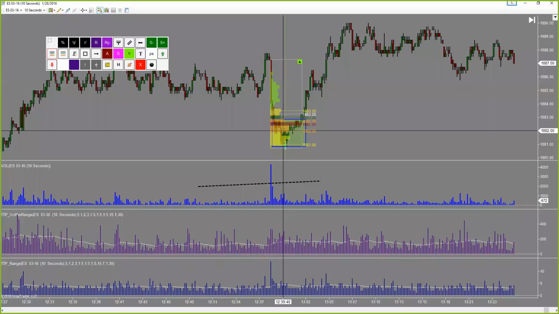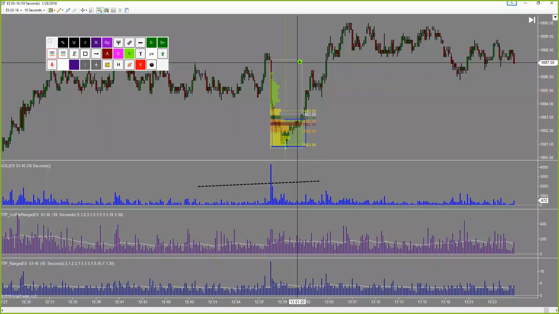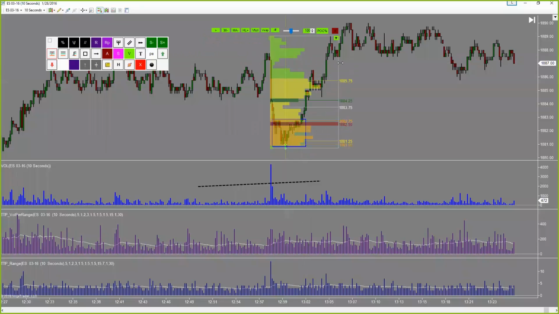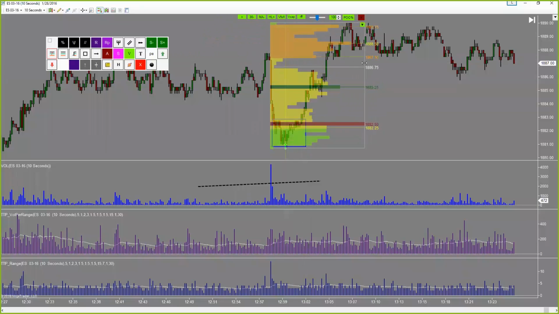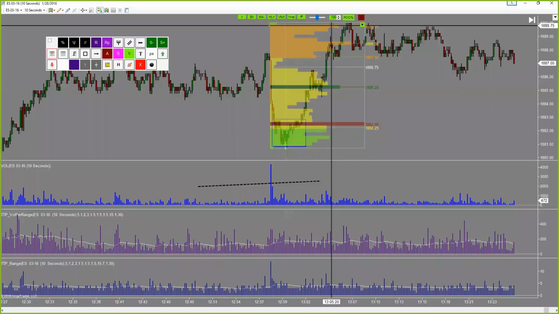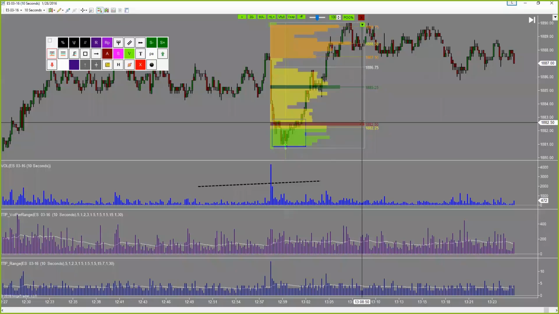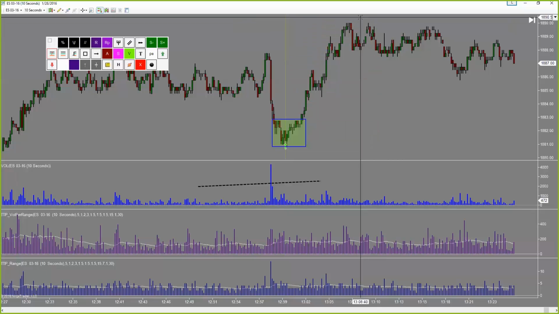Then they'll start working it back up out of that zone and marking it up until they reach a spot where they start getting out, which was right here at that high. You see how much volume traded right at that high? Just about the same amount that traded down here at this level. Okay, so that's kind of the way things work.